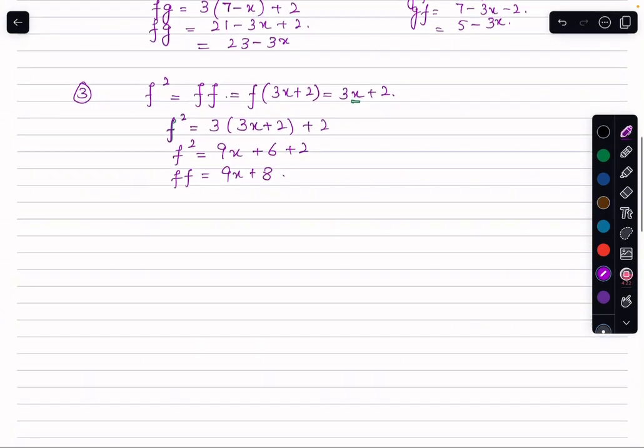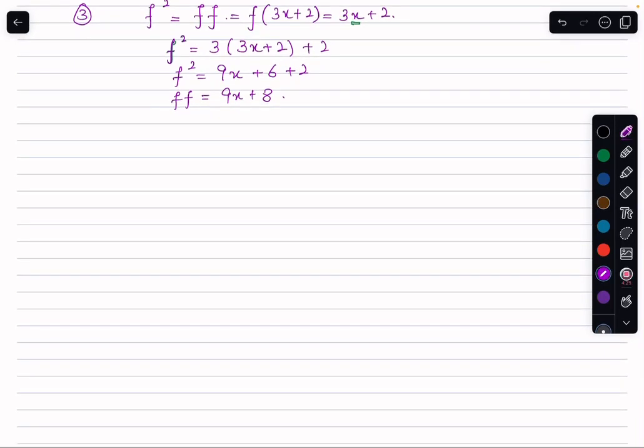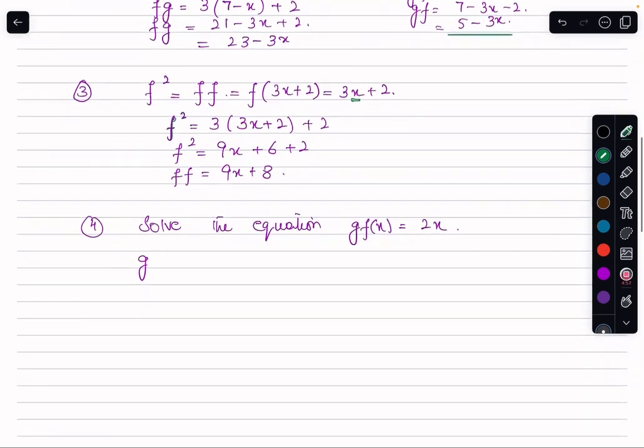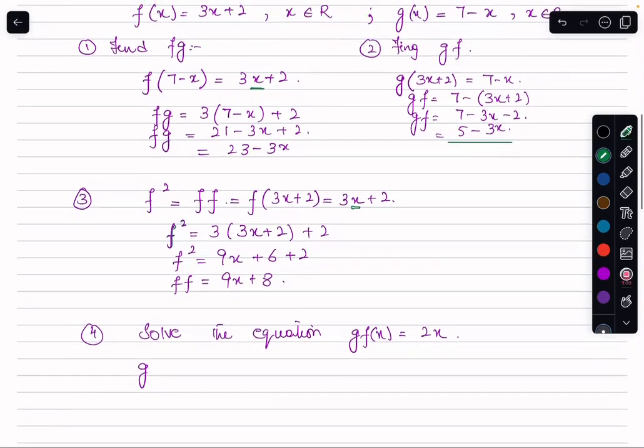With all these examples, I can also say solve the equation gf of x equals 2x. We did find gf in the beginning, and we said that gf was equal to 5 minus 3x.